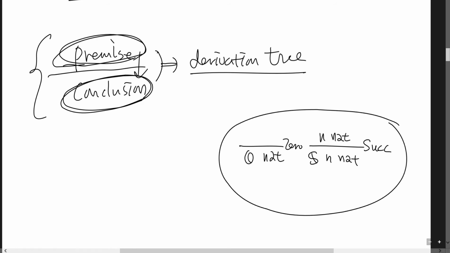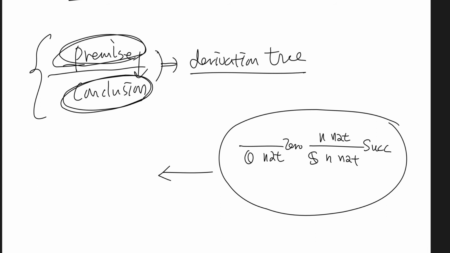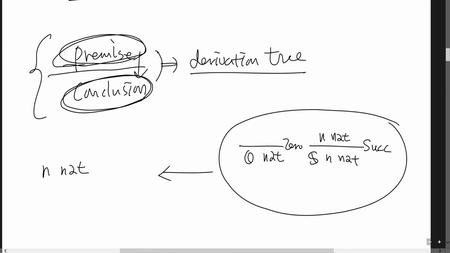Now we'd like to find a derivable rule from this system of inference rules. And here's an example. The premise is n nat, and the conclusion is successor, successor, n nat. Let's call this rule successor twice.